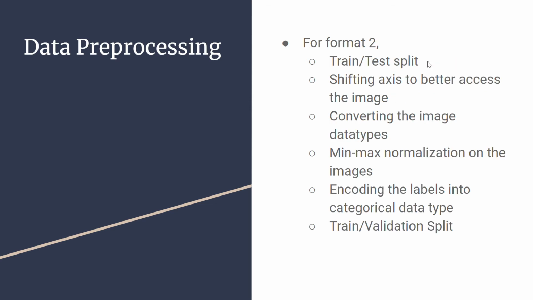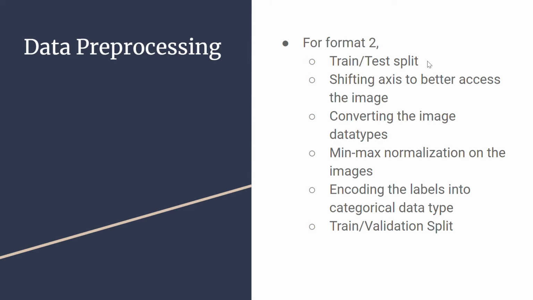For format 2, my preprocessing included splitting the whole data into train and test, then shifting the axis to better access the image. Instead of going to the last axis to access the image, I shifted that axis to the first, so I can easily access images by their indexes.